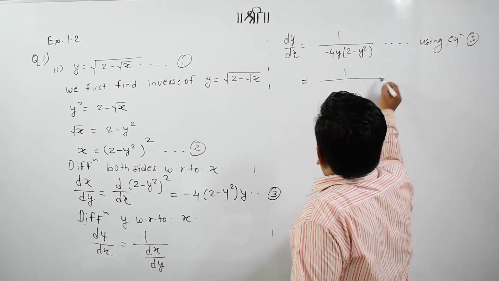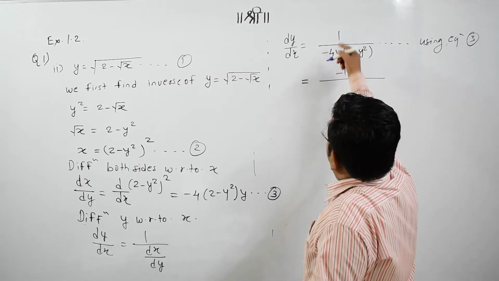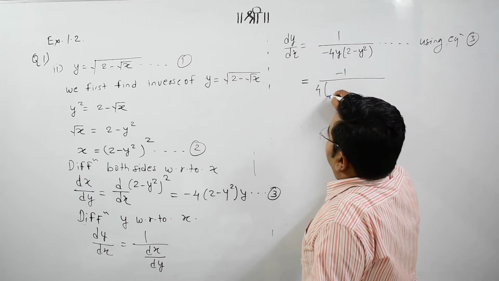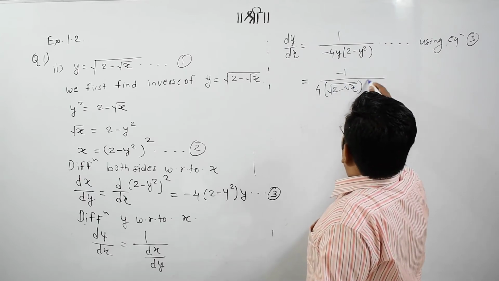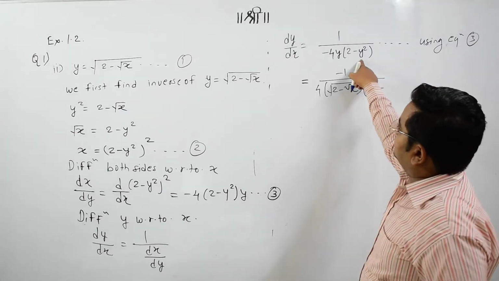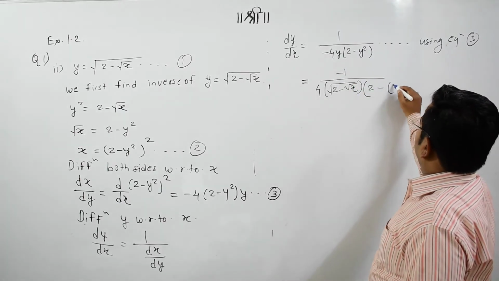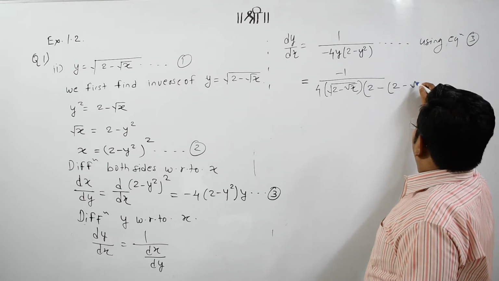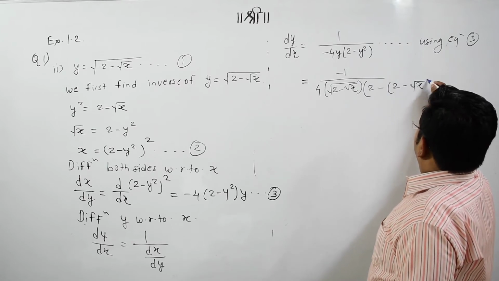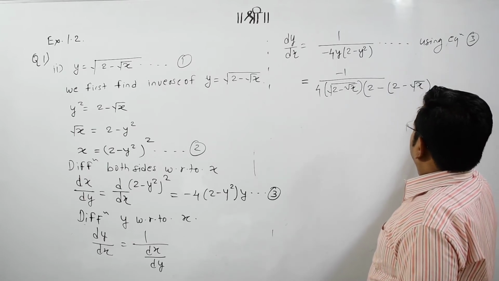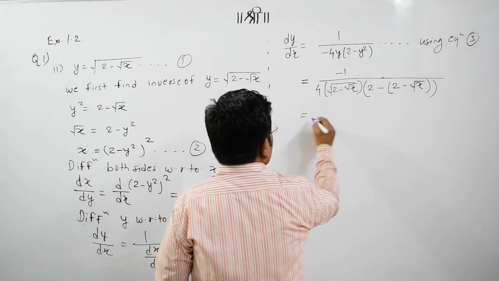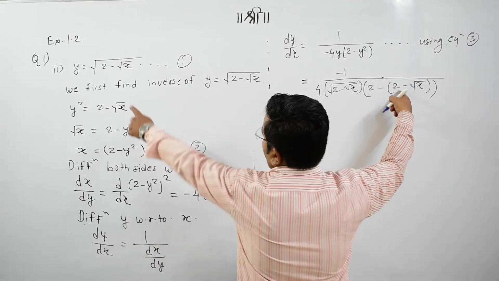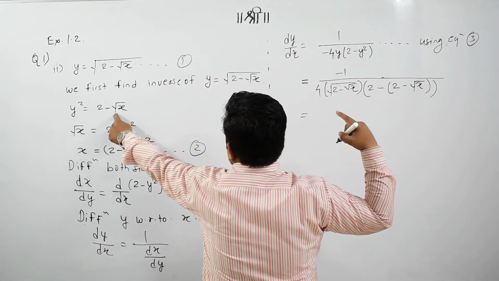Next step, I am substituting the value. I would like to take the minus to the upper side. So 4 into root of 2 minus root of x into 2 minus, and y square is nothing but 2 minus root x. Hope I am correct. Yes, I am correct. Now substituting those values again, directly I am writing y square because you know the y square value is over here.